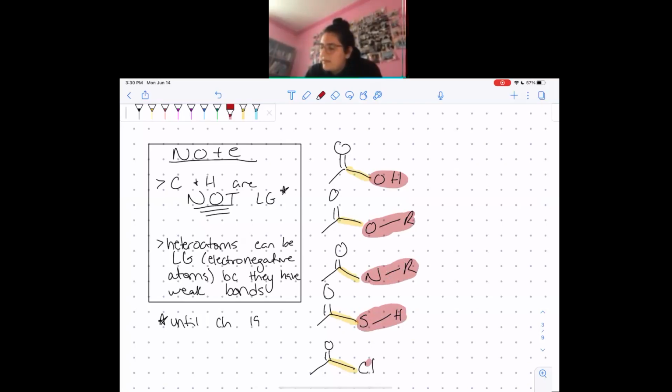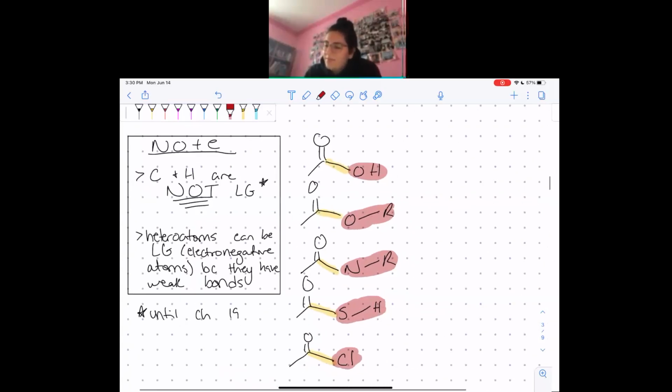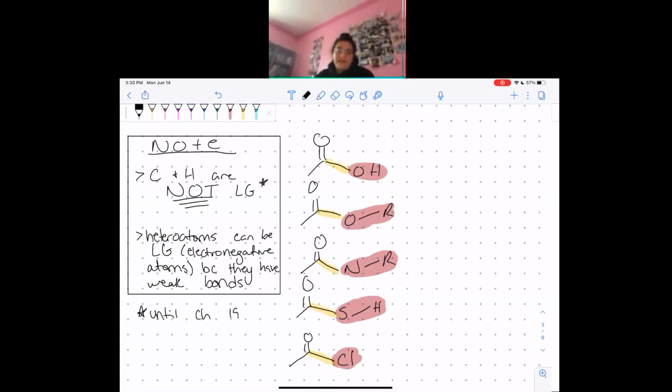And I might as well note this while we're here. So we know that being negatively charged makes something nucleophilic or basic.